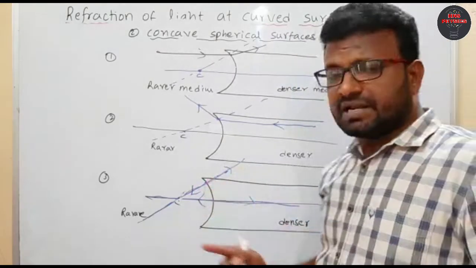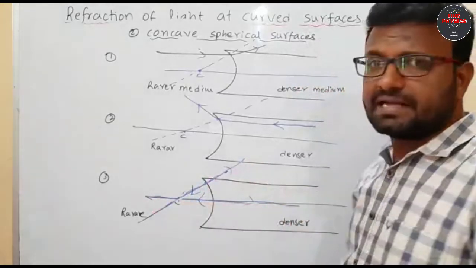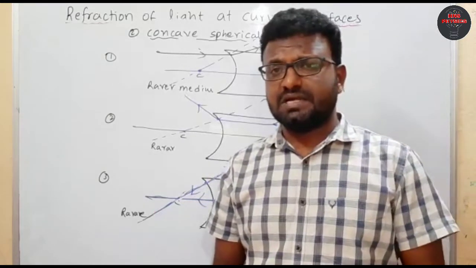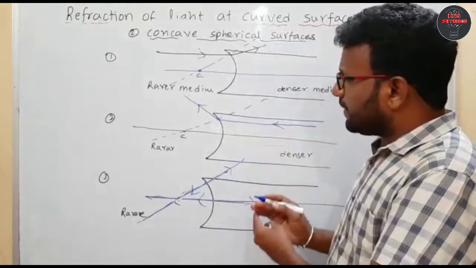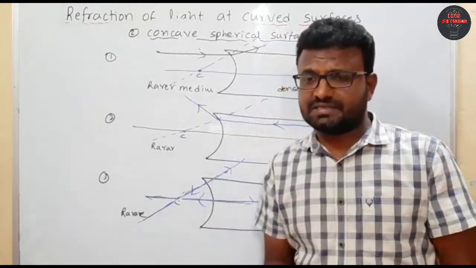So when a ray of light passes along the normal line or the principal axis, the ray does not deviate from its actual path. So these are the rules of diagrams related to concave spherical surfaces.